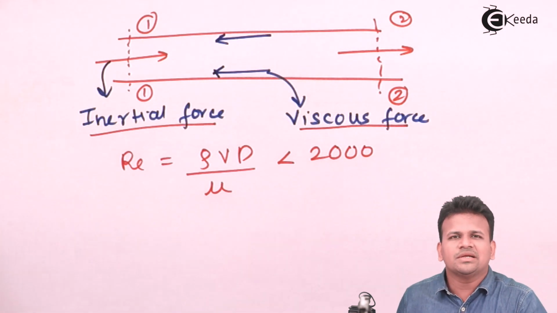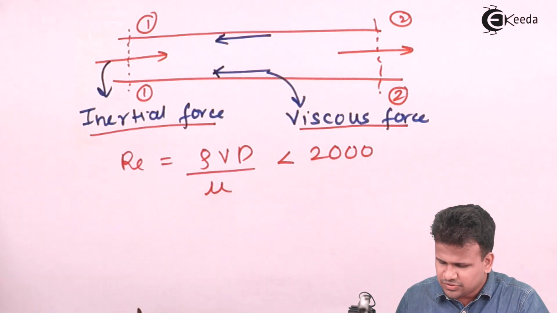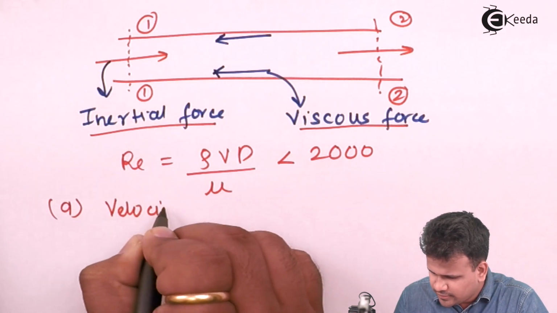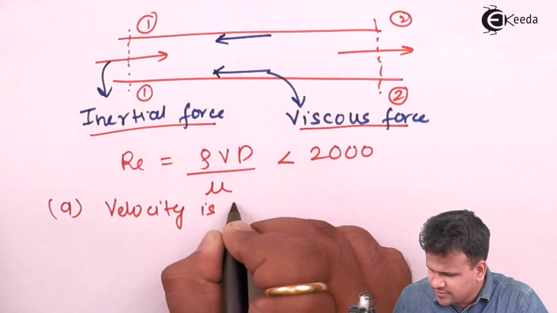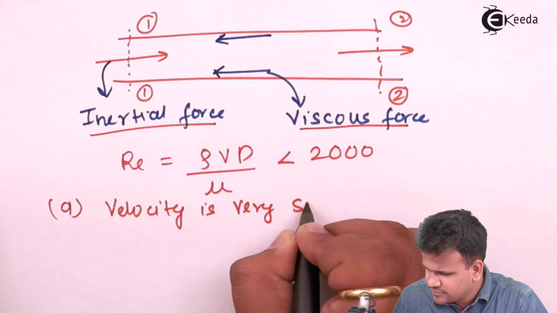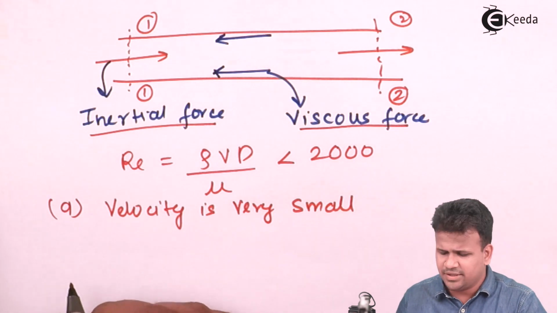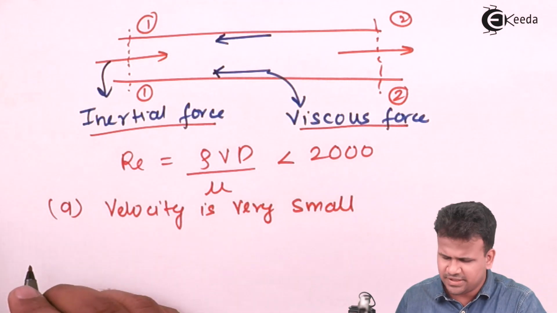Now, what are the conditions for laminar flow? So the first condition is that the magnitude of velocity is very small. It is going at a very small pace.